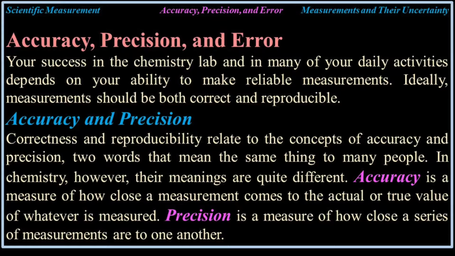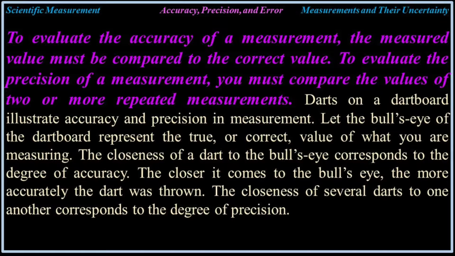For instance, if the answer is 5, how close are you to 5? 4.9, 5.1, 4.8, etc. So precision usually refers to a group of numbers, a group of data. To evaluate the accuracy of a measurement, the measured value must be compared to the correct value. To evaluate the precision of a measurement, you must compare the values of two or more repeated measurements.